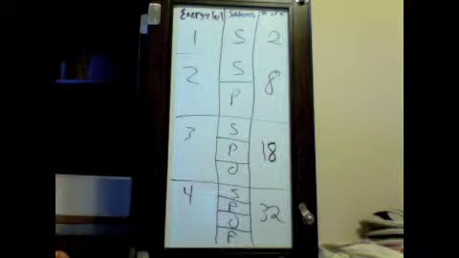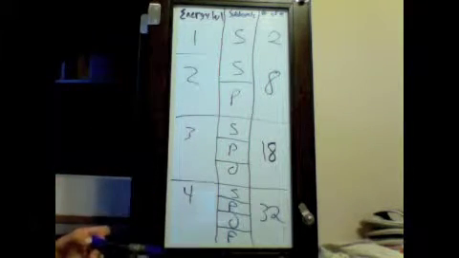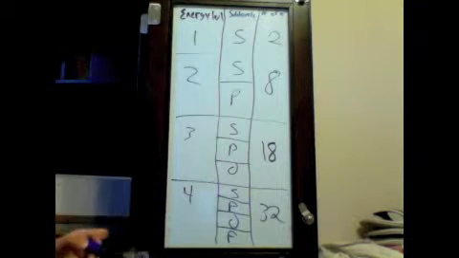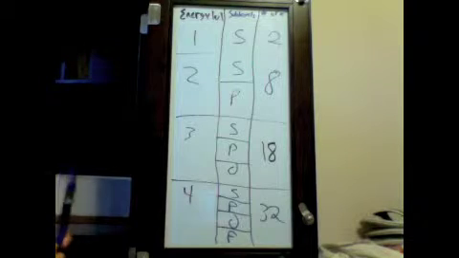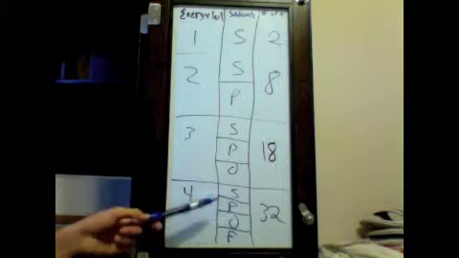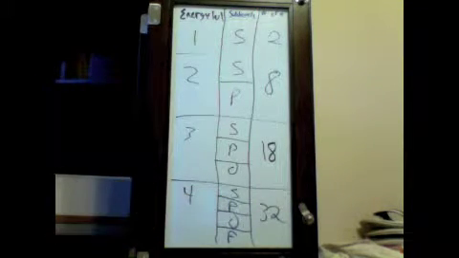For the fourth energy level, there's the s sublevel, which has 2, p, which has 6, d, which has 10, and f, which has 14. If you add 14 plus 10 plus 6 plus 2, you get 32. So there are 32 electrons in the fourth energy level.